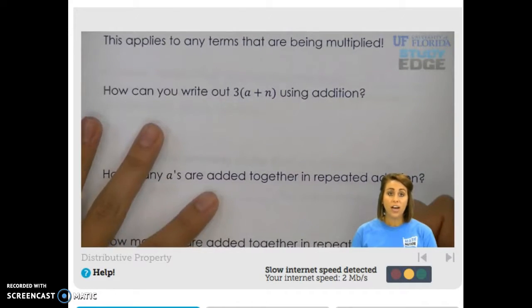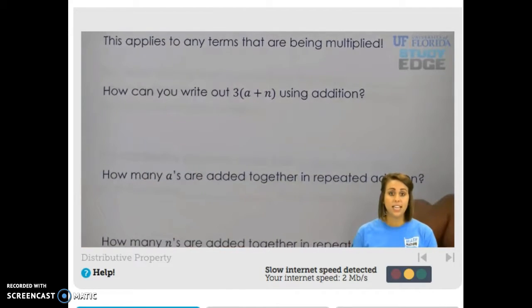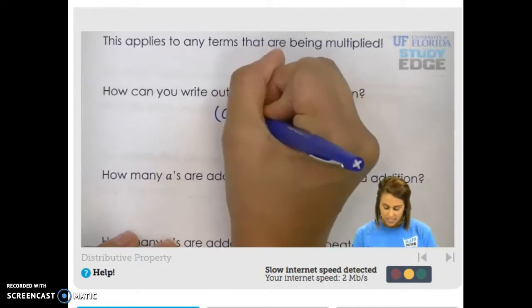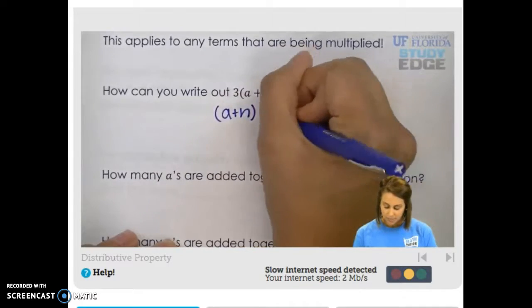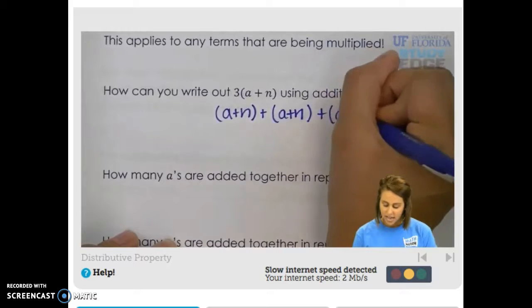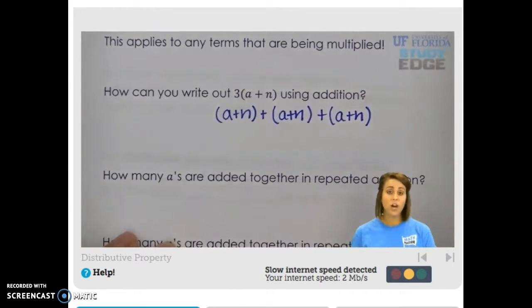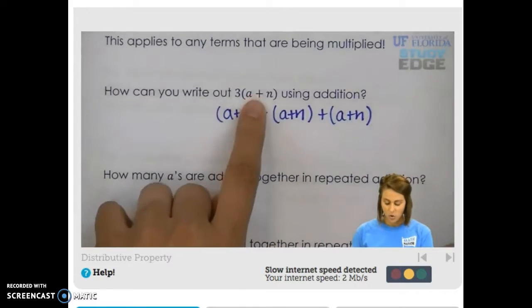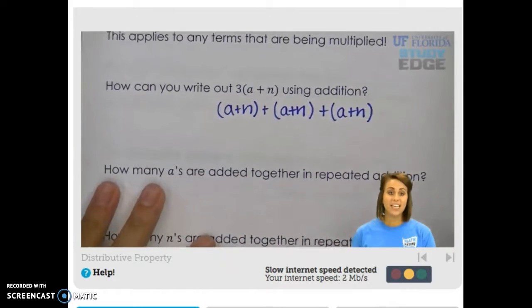What if we wanted to write out 3 times (a plus n) using addition? Could we? Yeah, we absolutely could. So in that case, we would write a plus n plus a plus n plus a plus n, right? We've got all 3 there. 3 times we're adding a plus n here.